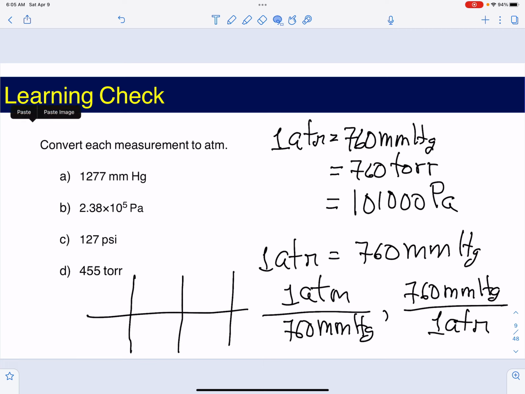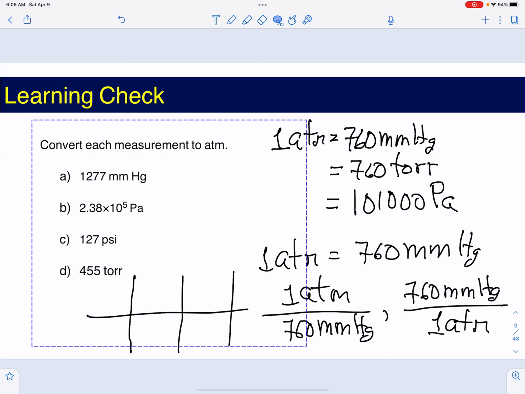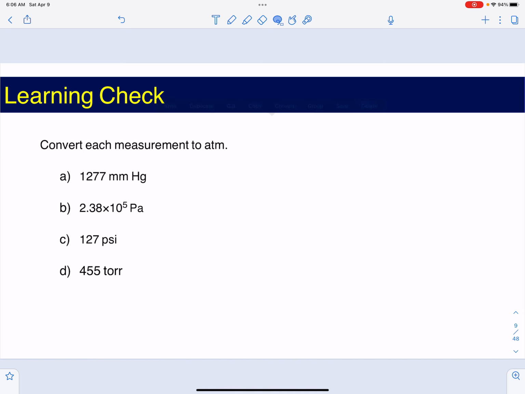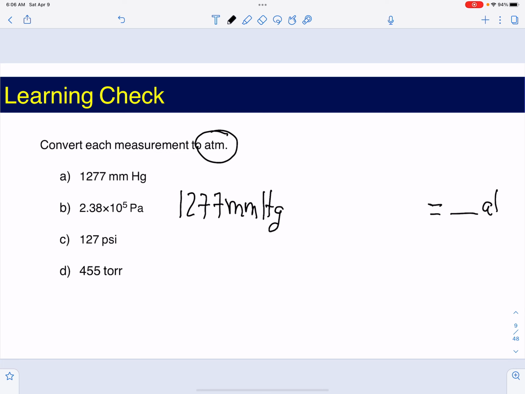I don't have the table with me at this moment, but you have it in your textbook, so you can find it. Or if not, you can find it on the internet. So let's do the ones I remember from memory. So let's change into atmospheres 1277 millimeters of mercury. So given 1277 millimeters of mercury, can you tell me how much is that in atmospheres?